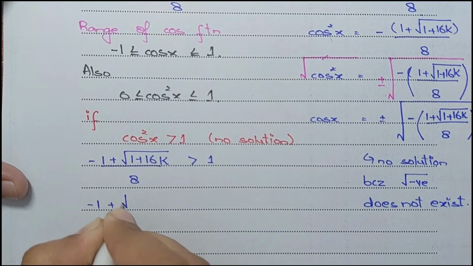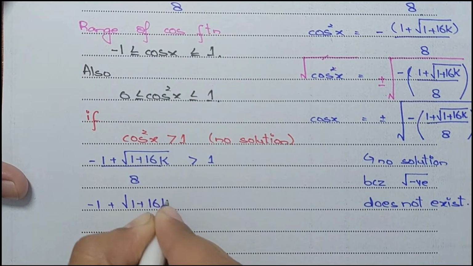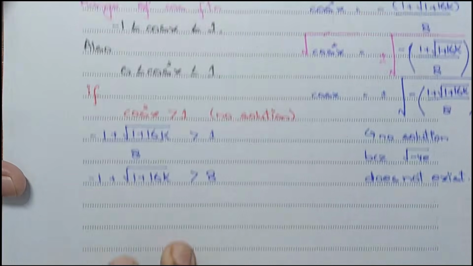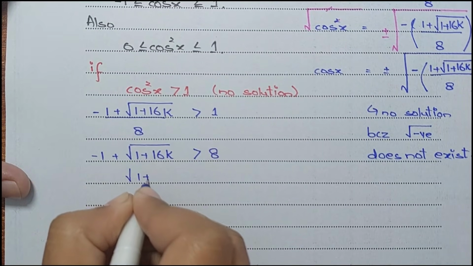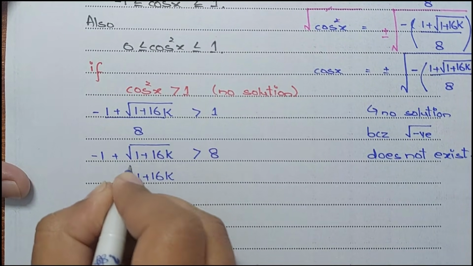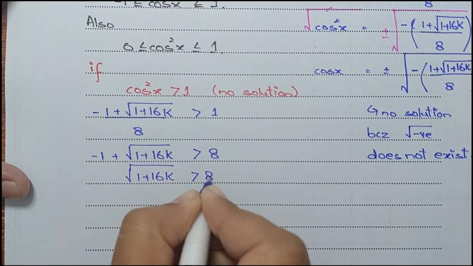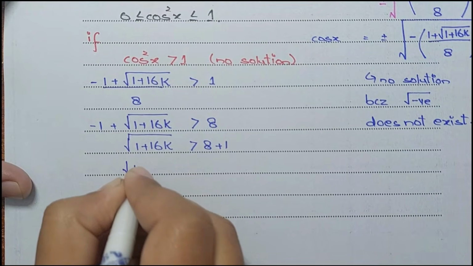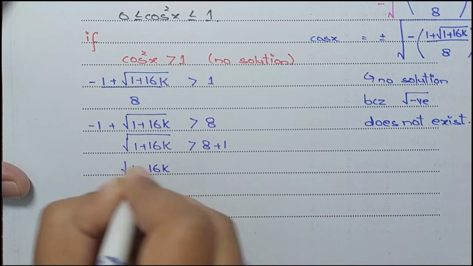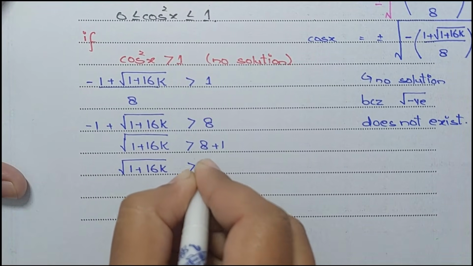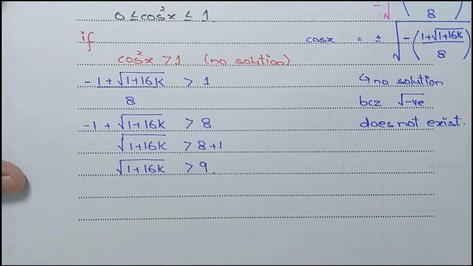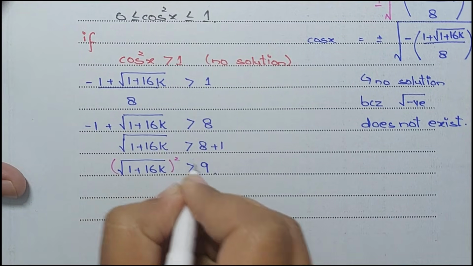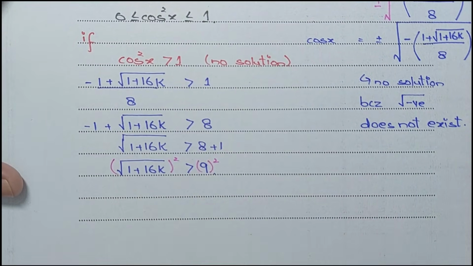Minus 1 plus root 1 plus 16k, this is greater than 8 times 1 is 8, right? Root 1 plus 16k, this is greater than 8, and shift the 1 on the other side, plus 1, right? Root 1 plus 16k is greater than 9, right? In order to get rid of this square root, take the square on both sides.